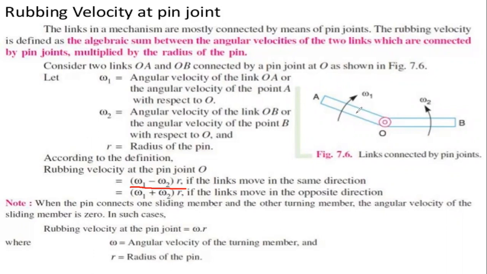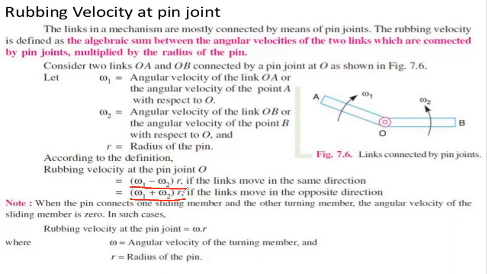But if the links move in opposite directions, for example the link OA moving clockwise and the link OB moving anti-clockwise, then the positive form of angular velocity is taken, that is omega 1 plus omega 2 into r.